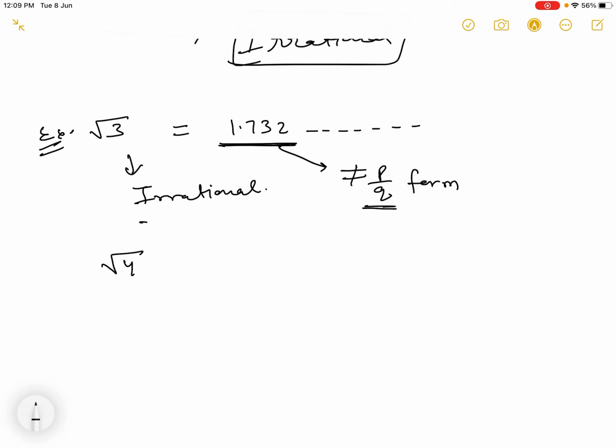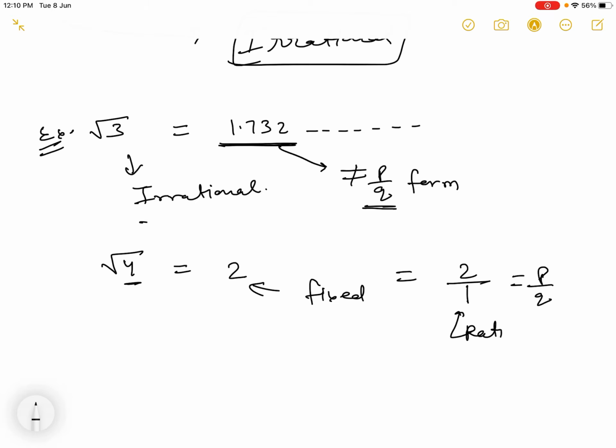Suppose we have root 4. 4 is a perfect square of 2, so it will come out as 2. This is fixed, and this can be written in 2 by 1 form, in P by Q form. So this is rational. But we have root 6, whose value is not fixed.